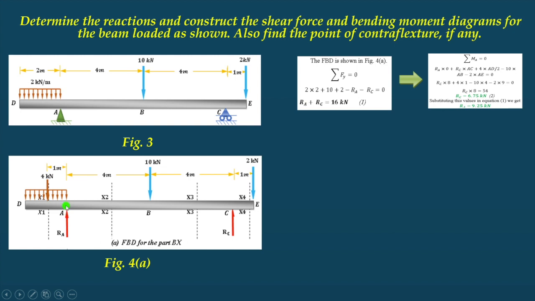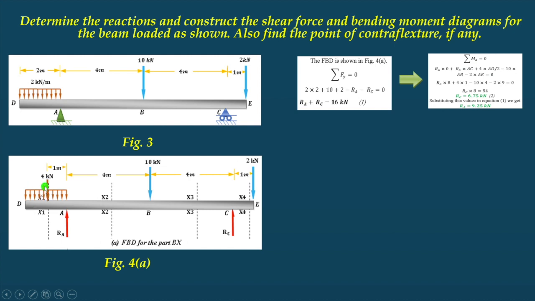And the moment about point A. Now, first, this 4 kilonewton. Under the action of 4 kilonewton, this is moving left side, meaning rotating anti-clockwise about A. If we consider anti-clockwise direction of the moment as positive, then we can write 4 into AD by 2.